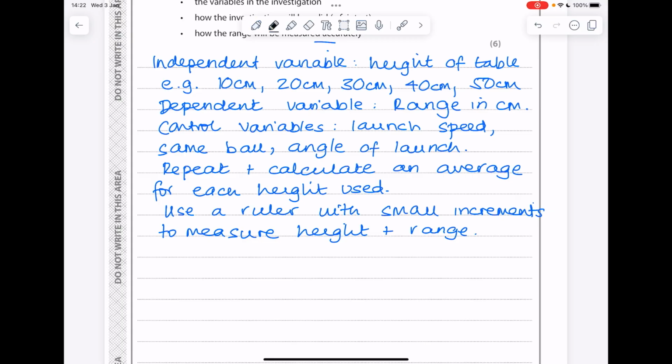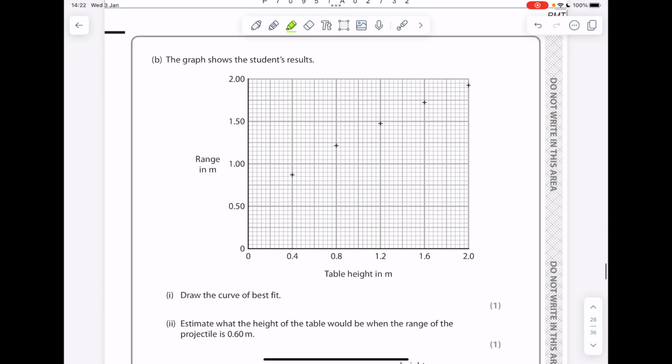So our 6 marks are awarded as follows: mentioning the height of the table, giving at least 5 different heights, correctly identifying the range. There are 2 marks available for control variables, so we're already on 5 marks. Repeating, calculating an average is a mark, using that ruler is a mark.